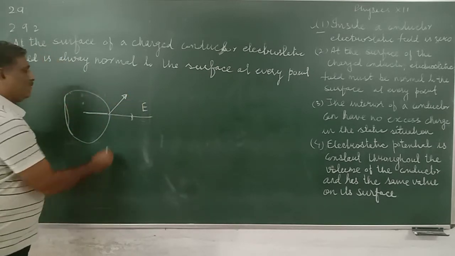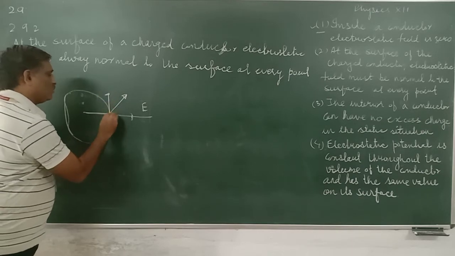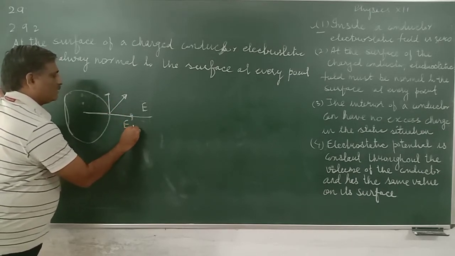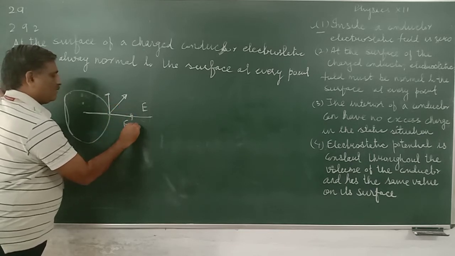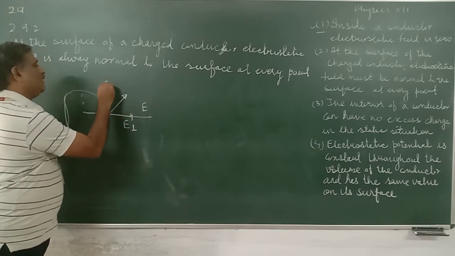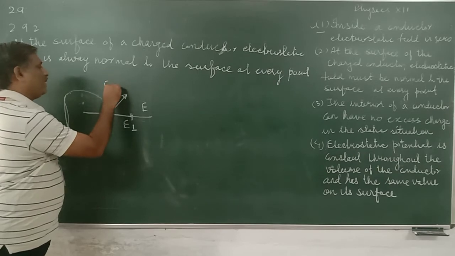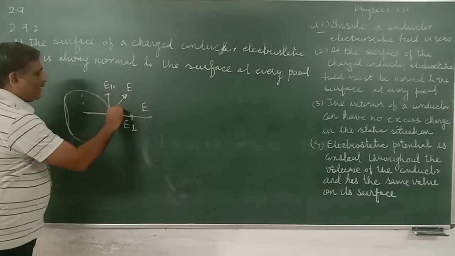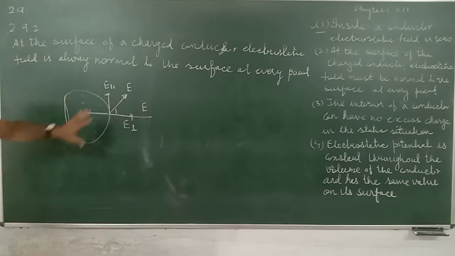E is like this. We can resolve this E into two: this one becomes the normal component, and this becomes E parallel. If this E is not normal, making a certain angle, then there are two components.